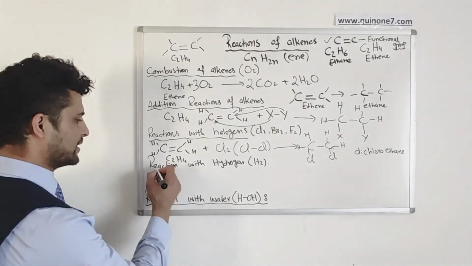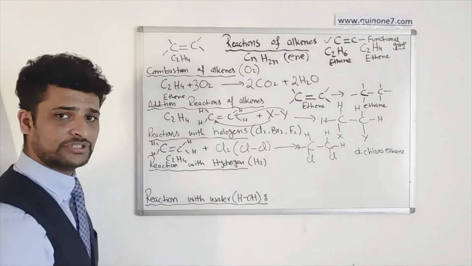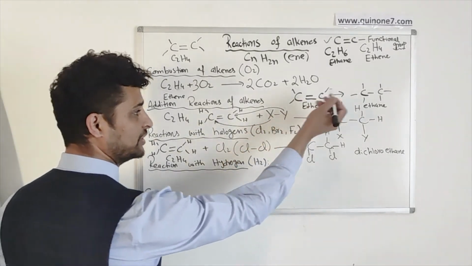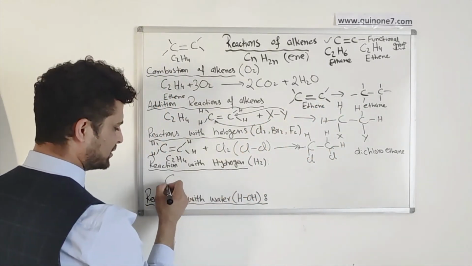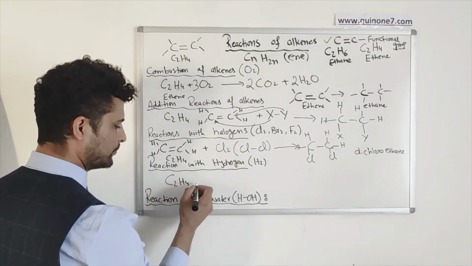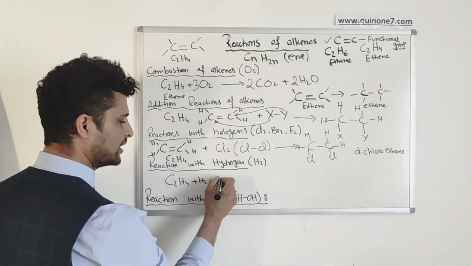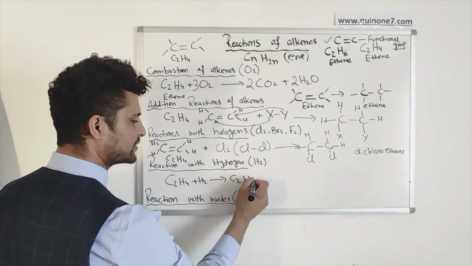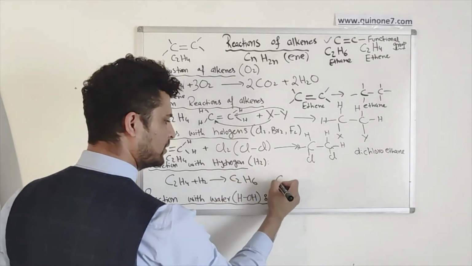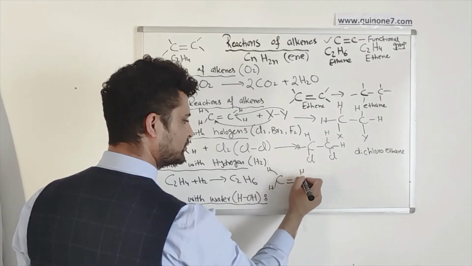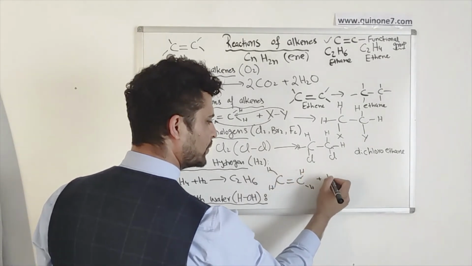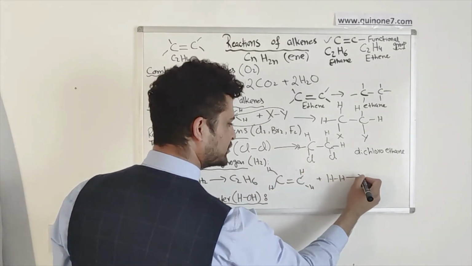Now the next reaction is hydrogenation, and this is the one which converts ethene into ethane. The overall reaction we can write as C2H4 plus H2, which makes C2H6. How is it going to happen? Carbon to carbon double bond, with the hydrogens. You are going to add H2, which is H-H.